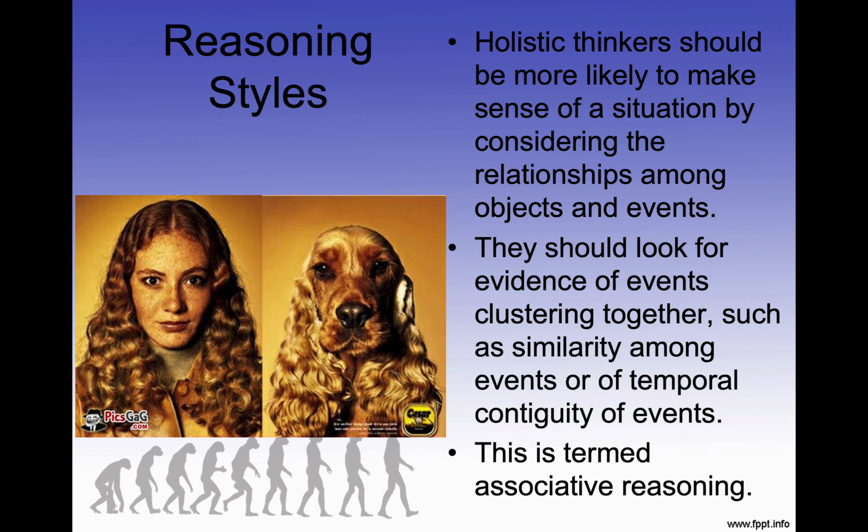They should look for evidence of events clustering together, such as similarity among events, or of temporal contiguity of events. This is termed associative reasoning. And of course, this is the reason why Charlie Chan could solve crimes that Western detectives weren't able to solve, because he was more of a holistic thinker, and he had associative reasoning.